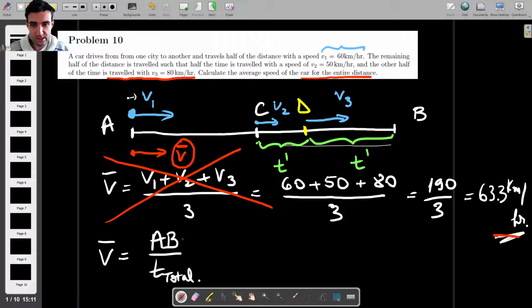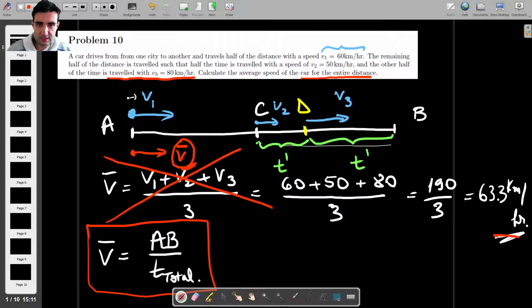And once we find this value of the speed which makes that possible, that is actually the definition of average speed, which is also given by this formula. Okay, so it's the total distance from A to B over the total time that it takes the blue car to travel from A to B.